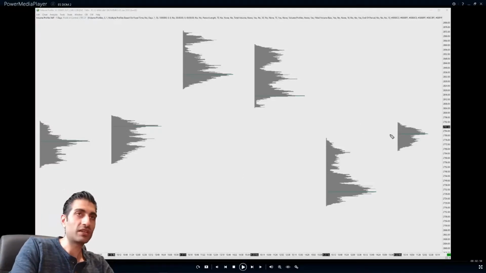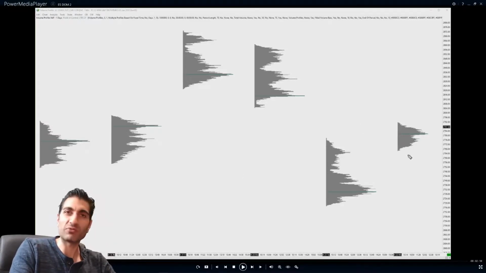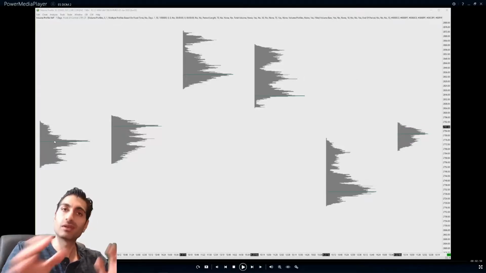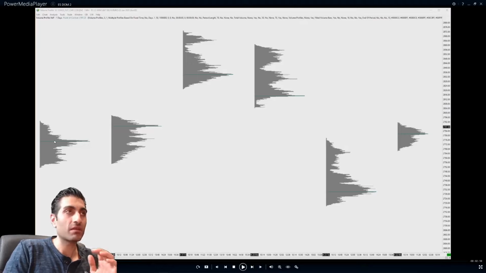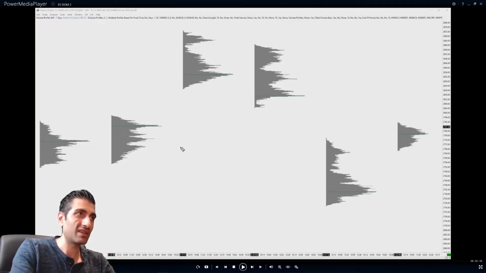Okay guys, so I just loaded up the same thing where we left off before when we were looking at the balanced example. Do you remember that was essentially today, which was the volume profile from today's depth of market. And these are just volume profiles from previous depth of market. So what I'm going to do is hit play and show you how I actually look at volume profile, how I have it up, because even for me, this is too big.